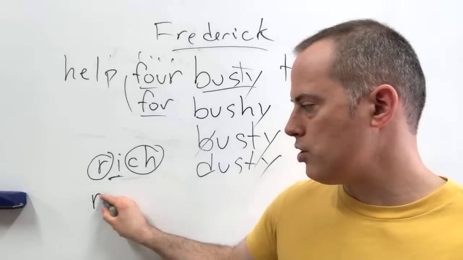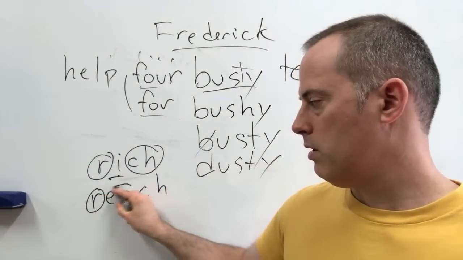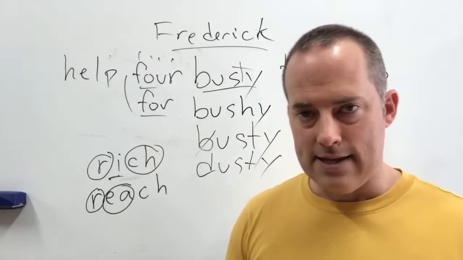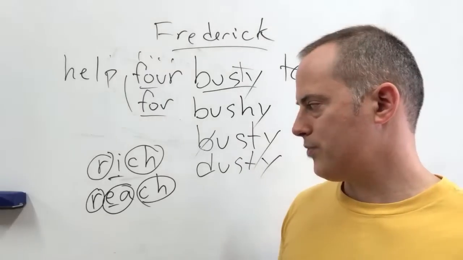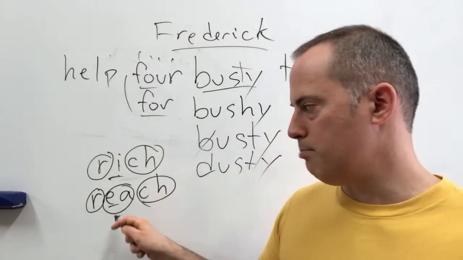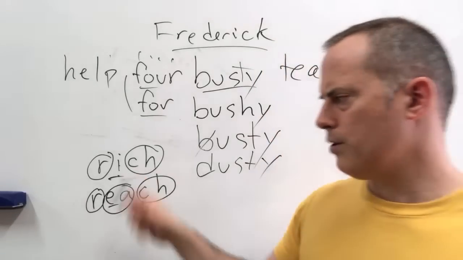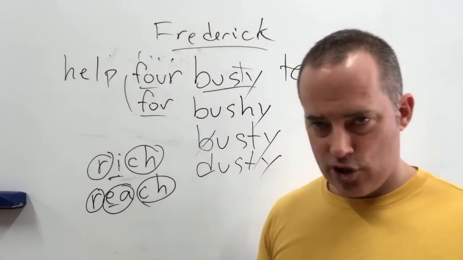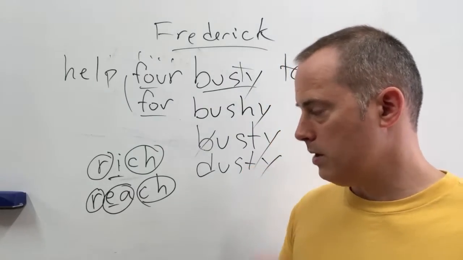But reach, this is a long vowel E sound, so the E, re, and then the same CH. So here we're just changing this middle sound, but it is different, okay? So rich and reach, all right? So two different words, two different sounds.